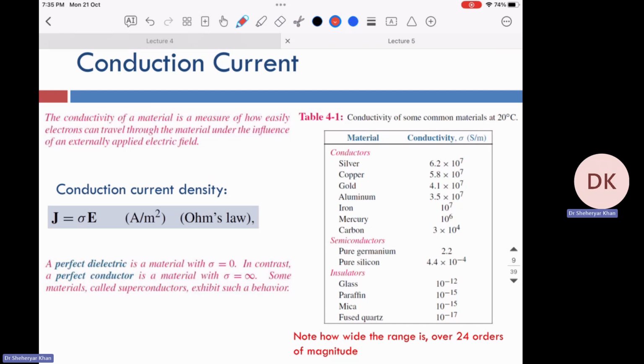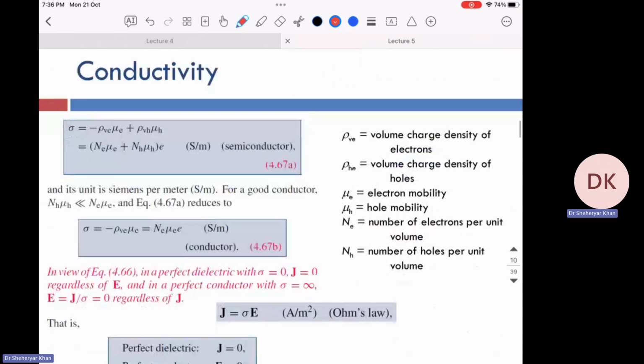Let's say the insulators that we use in the power transmission lines. Still we have a high electric field, but there's no current density. There's no current flowing because sigma here is actually 0. Even though there's an E, this 0 makes it 0, okay? Now, look at something more interesting.